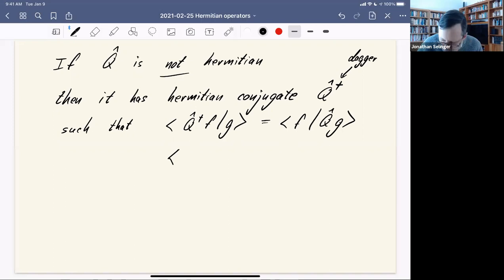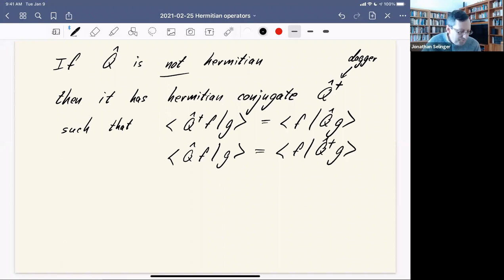And likewise, Q acting on f, inner product with g, is equal to the inner product of f with Q dagger g, for all f and g.